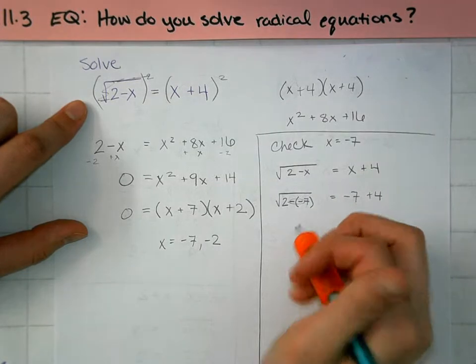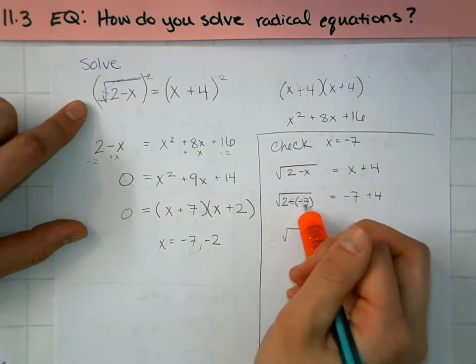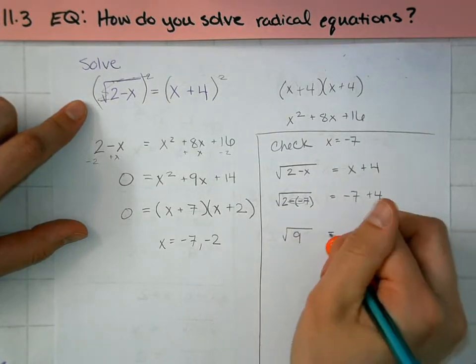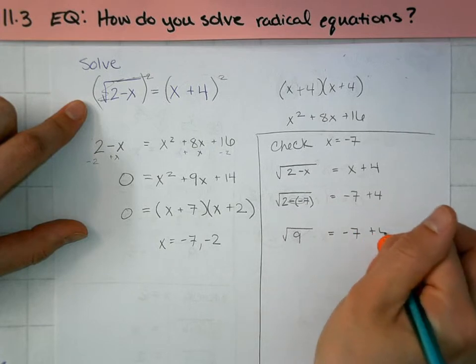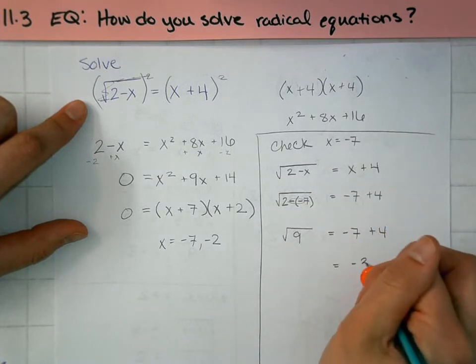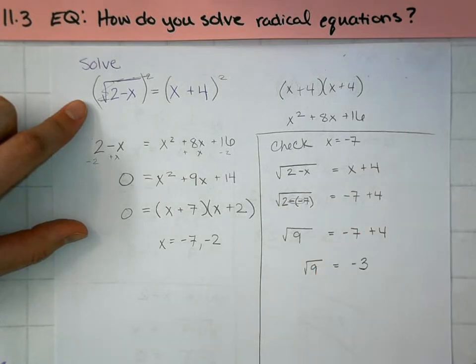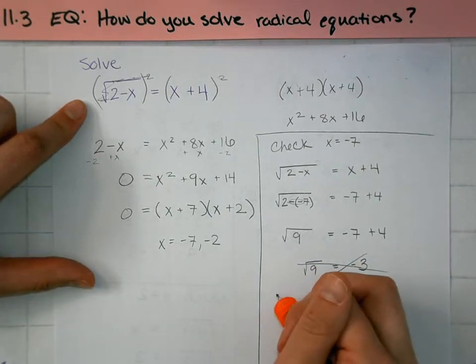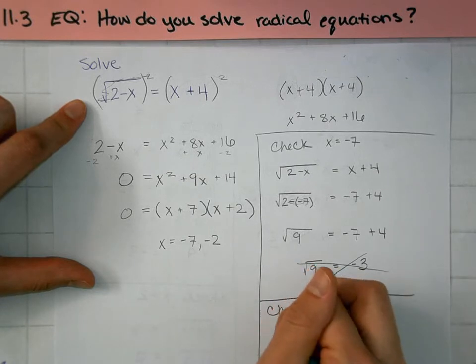That's going to turn into a plus, and 2 plus 7 is 9. I simplify on that right side, I get -3. So I have the square root of 9 equals -3, and we're not allowed to have square roots equal negative numbers, so this is not a solution. I also have to check my next value.